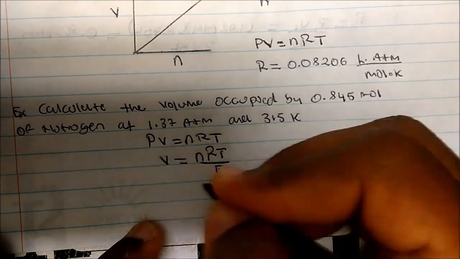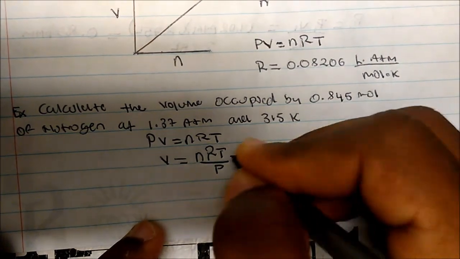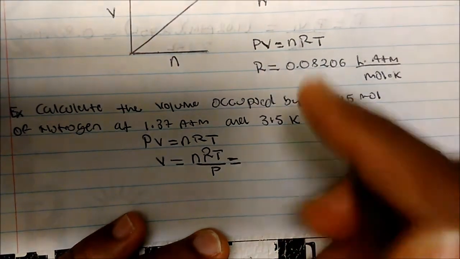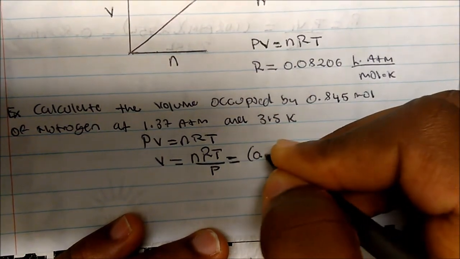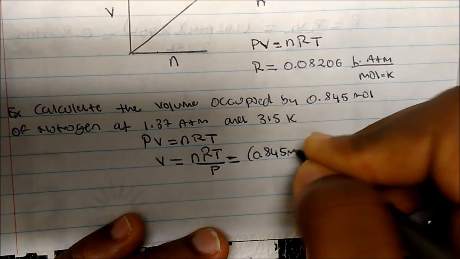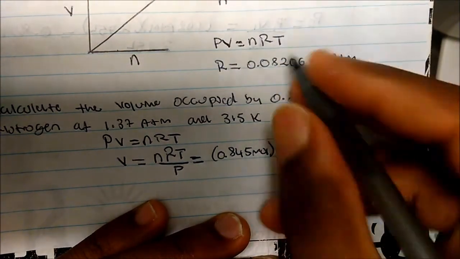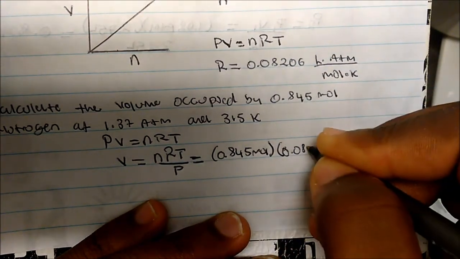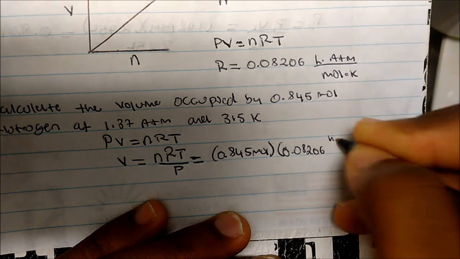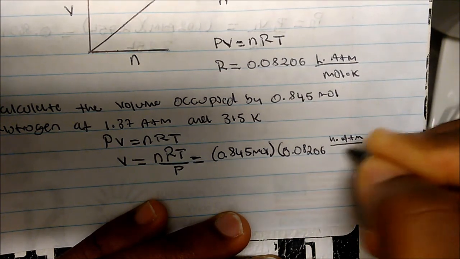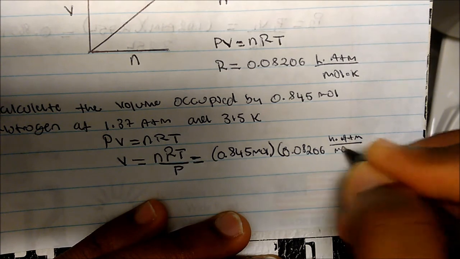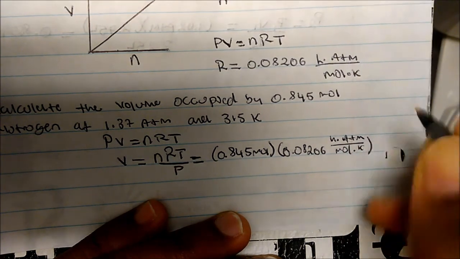And so this becomes just a matter of plugging in. So if I plug in my numbers, well, the moles is 0.845 moles. I'm going to multiply that by R, which is a constant, 0.08206 liters atmosphere per mole per Kelvin.